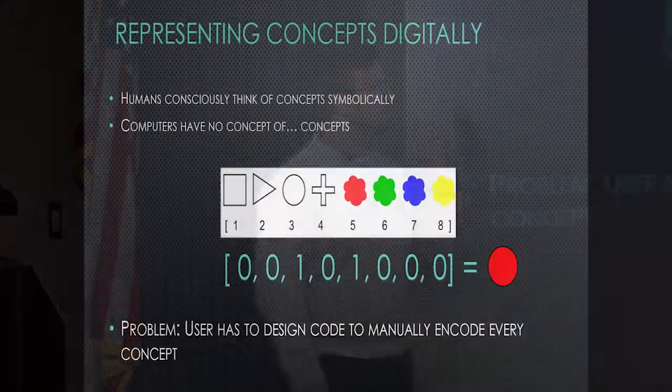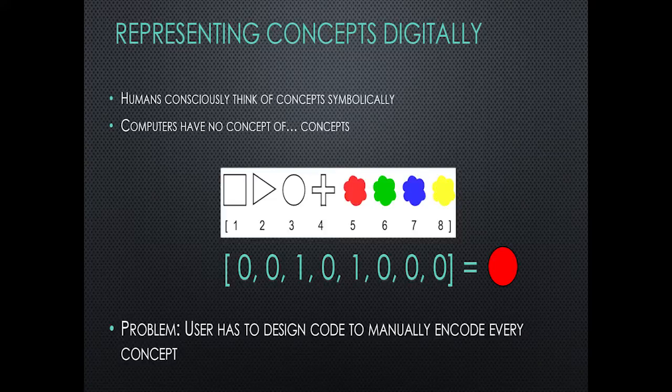This is a very, very simple example of what that would be like. Say you had to come up with a schema for representing a colored object. You basically just have a list of numbers, and the first 4 represent what shape you want to represent. The last 4 represent what color.